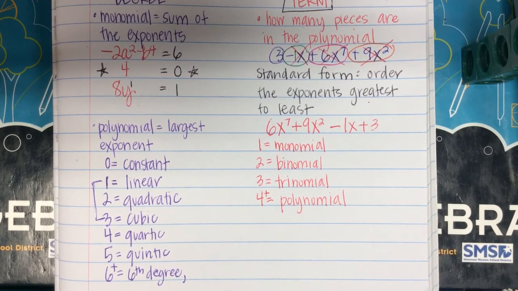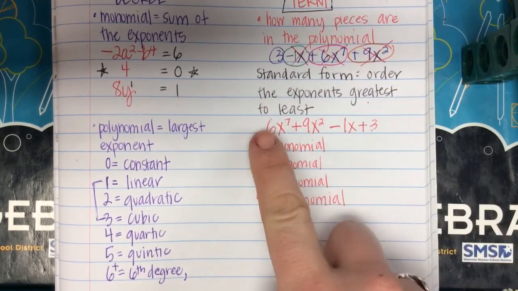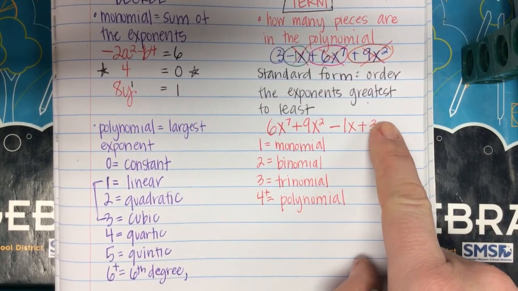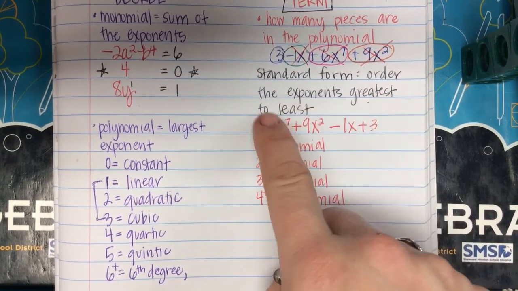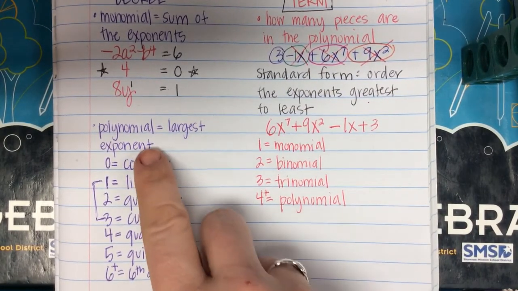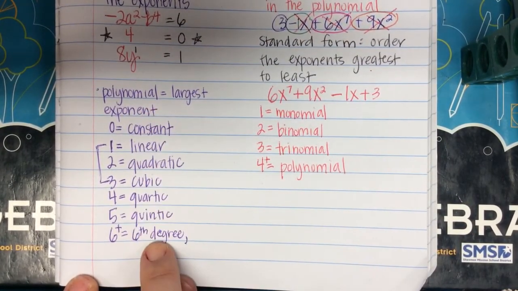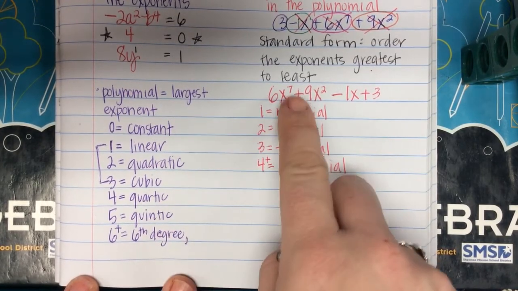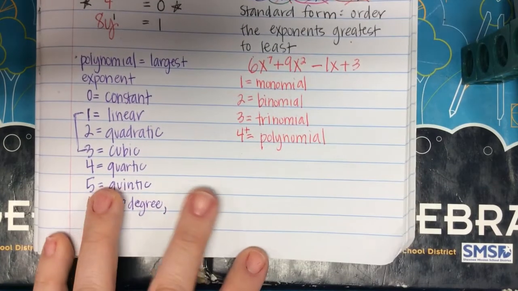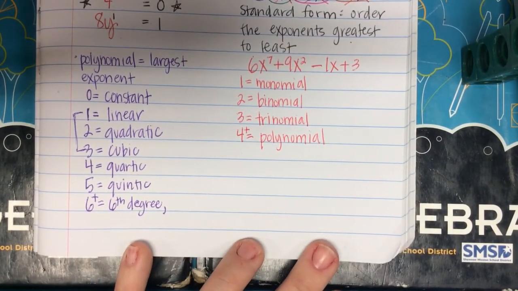So tonight on your homework, you will need to be able to take something and put it in standard form. Seem easy? You just put them in order, greatest to least. On your homework tonight, you will then have to identify the degree and the term. So here would be an example of a homework problem tonight.